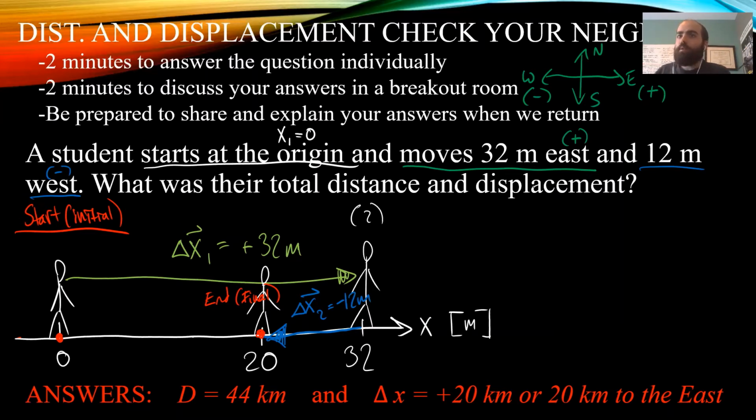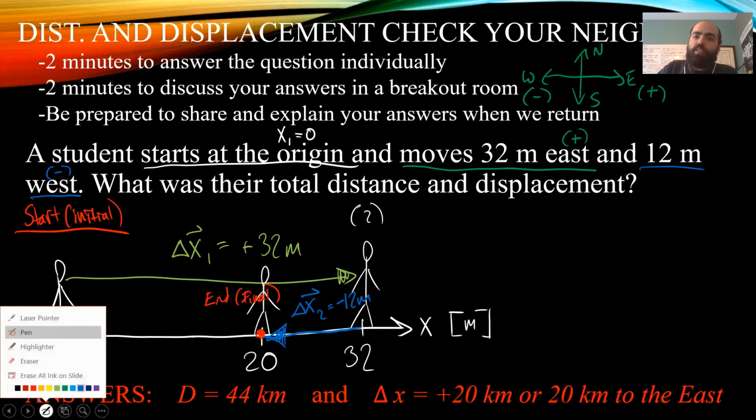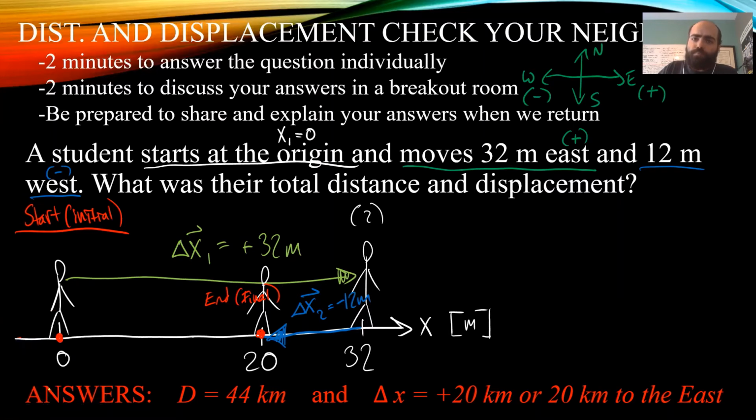The question is asking me, what was my total distance and my total displacement? So your displacement is always a vector that points from wherever you started to wherever you ended up. So my total displacement is this vector right here. That's my total displacement.